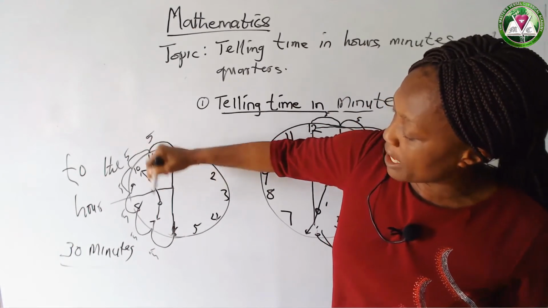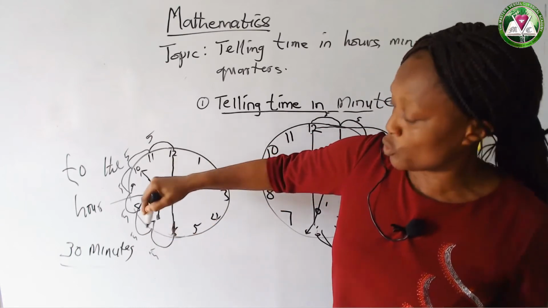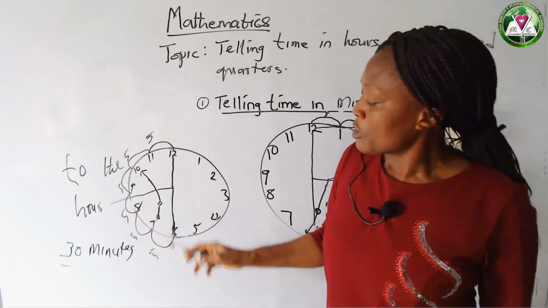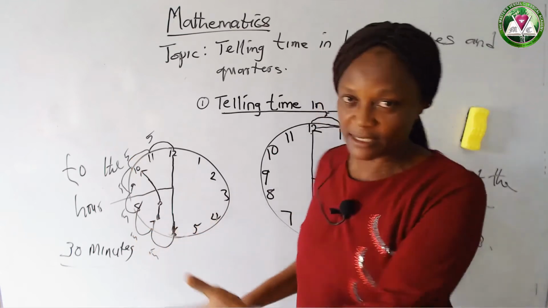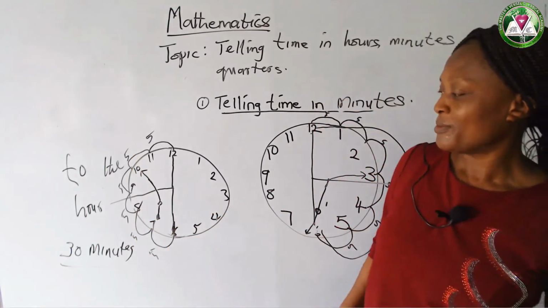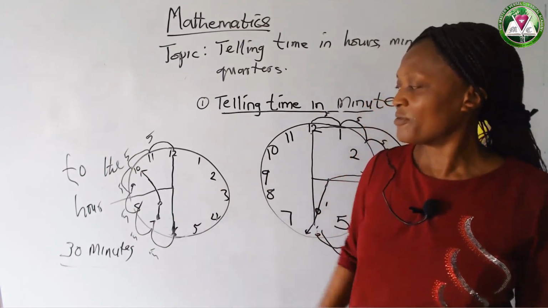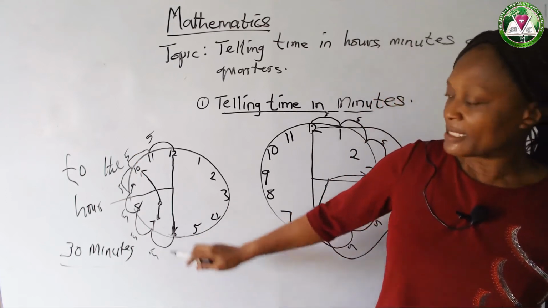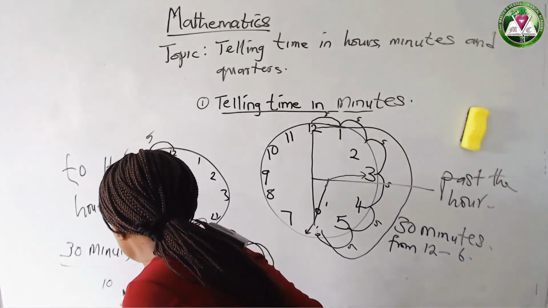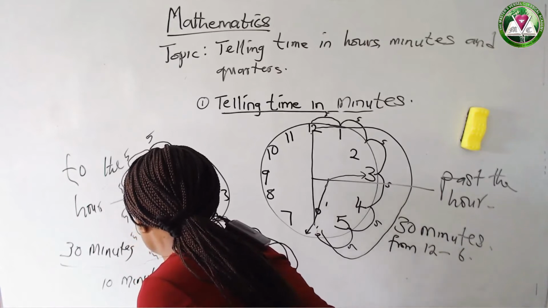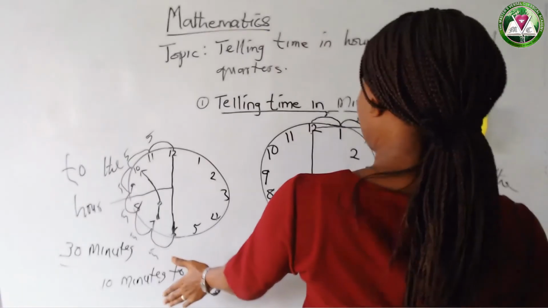This one is pointing to 10. And this one is pointing, but not exactly to 7. So when the long hand is at 10, and the short hand has not reached 7 but is pointing toward 7, from here you can see that the time now is 10 minutes to 7.